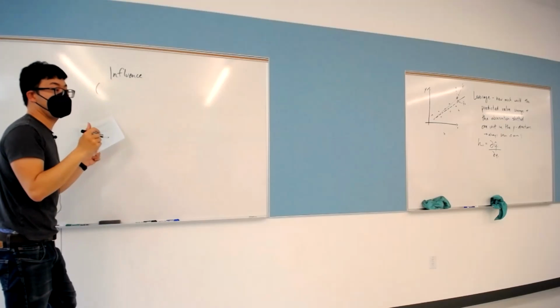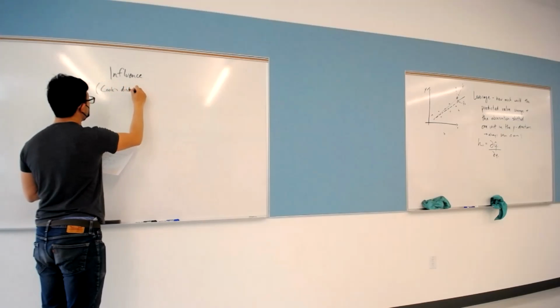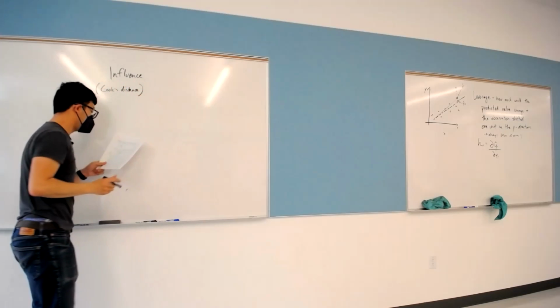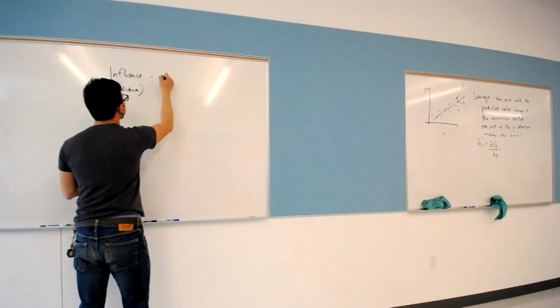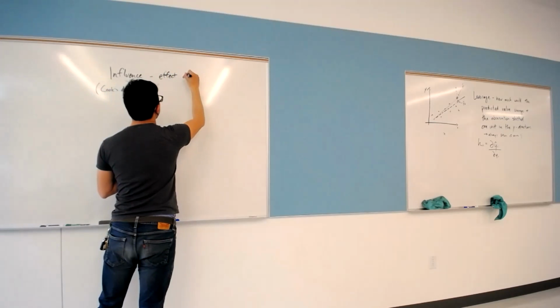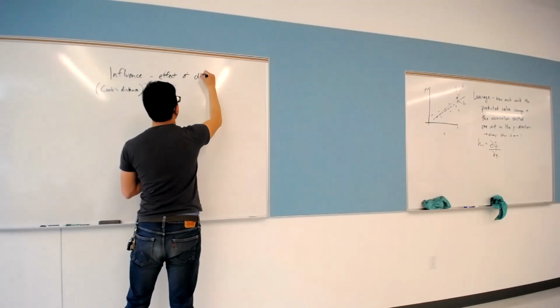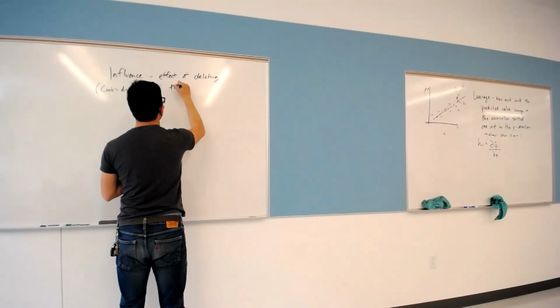This is also referred to as the Cook's distance. This is the effect of deleting the point.